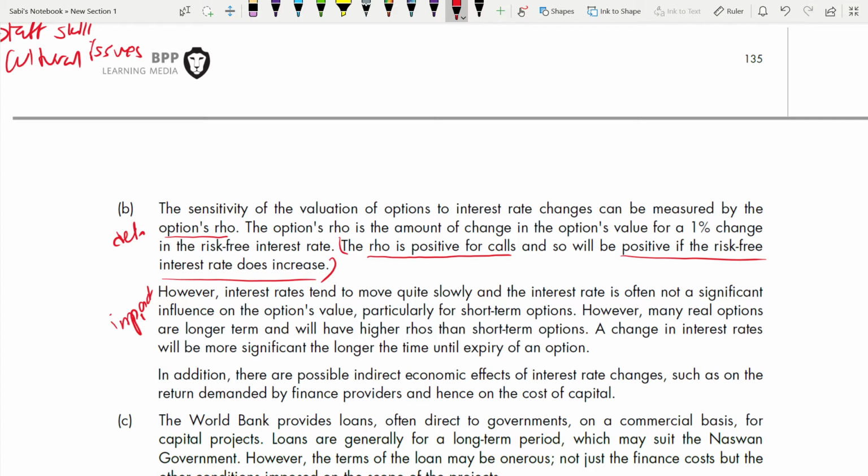This is a call option, so you will exercise the option means option has a value. That's why rho is positive for calls, and so will be positive if risk-free interest rate does increase. That means if risk-free interest rate increases, option will have a value.